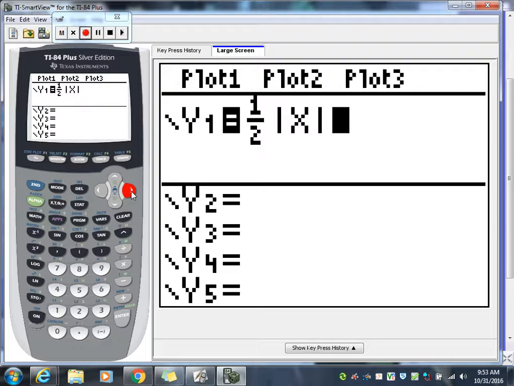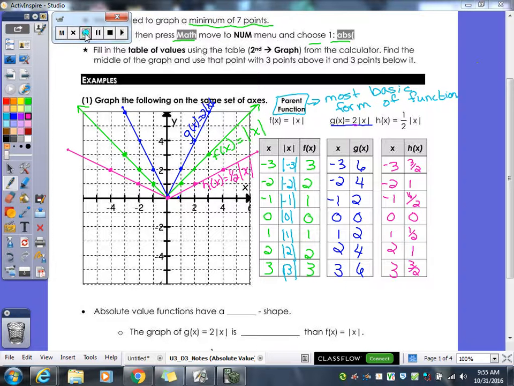And then your absolute value of x. You push graph. So we were right. Multiplying it times 1/2 did make our graph wider. So anytime you multiply times a fraction like 1/2, 1/3, 1/4, your graph is going to become wider.